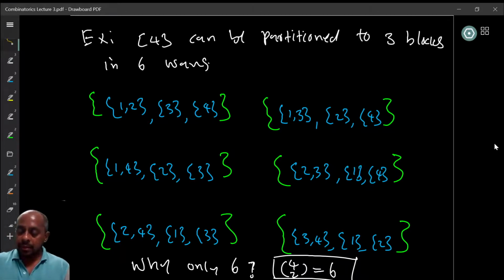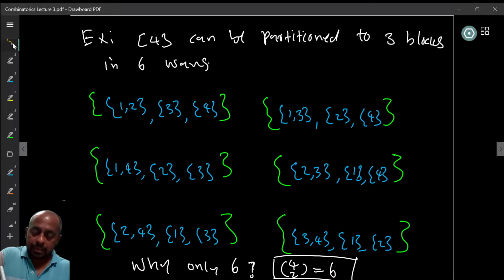So here is the set: set 1, 2, singleton 3 and singleton 4. That is the first partition. Then set 1, 3, singleton 2 and singleton 4, and etc. Set 3, 4, singleton 1 and singleton 2. So these 6, we can see that the blocks are disjoint in each of these partitions.